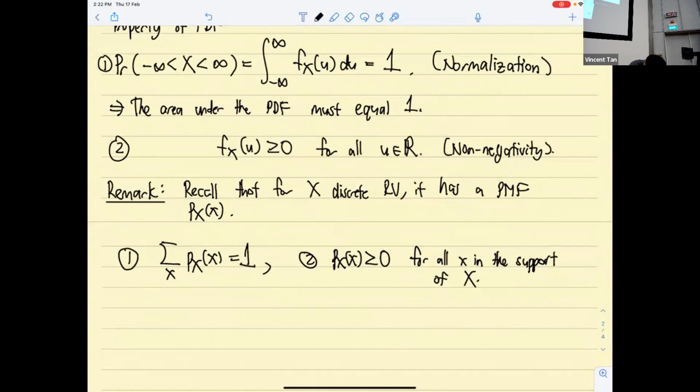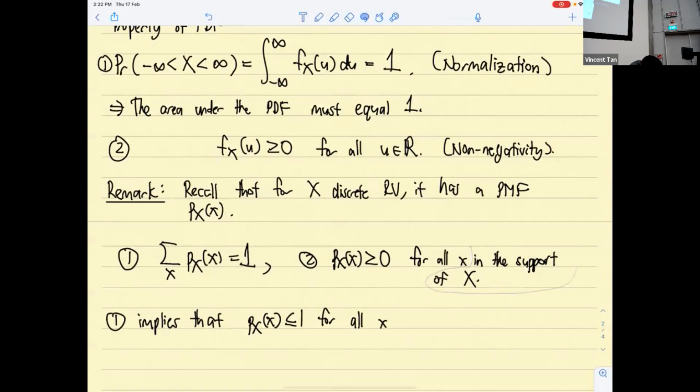However, I would like to caution you that property 1 implies that the probability mass function is less than or equal to 1 for all x in the support of X. Definitely it must be less than or equal to 1, otherwise you cannot add up to 1. For the discrete case, the probability masses must all be less than or equal to 1 and bigger than or equal to 0. You cannot have probability masses that are more than 1.